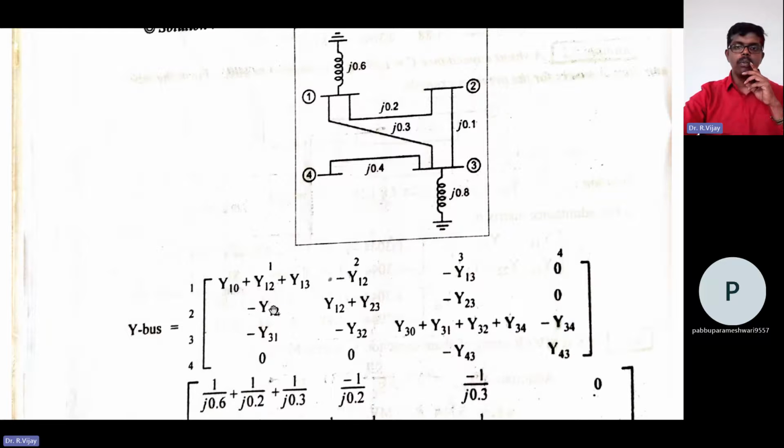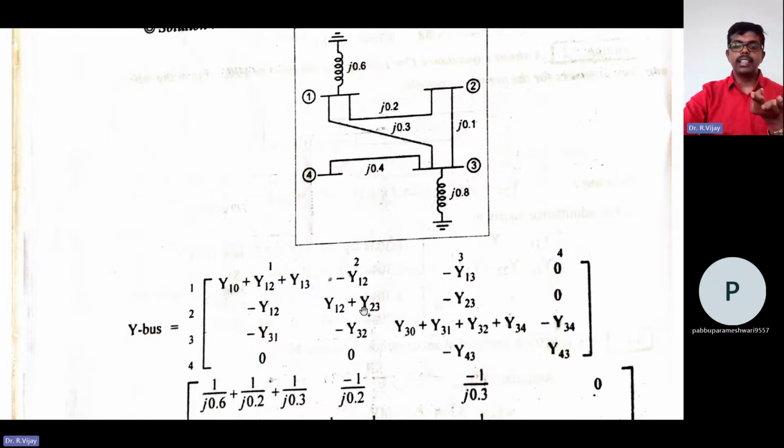Similarly, for Y21, better to go for Y21 itself, minus of Y21. Then Y22 is nothing but Y12 plus Y23, because only two impedances are joining here, Y12 and Y23.